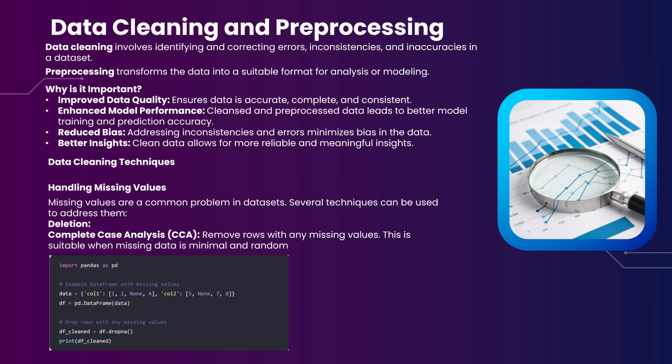Pre-processing means that we are transforming the data into a suitable format for analysis or for modeling. Why do we need to do this in the first place? One, so that there will be improved data quality. Once the data is accurate, it improves trust.